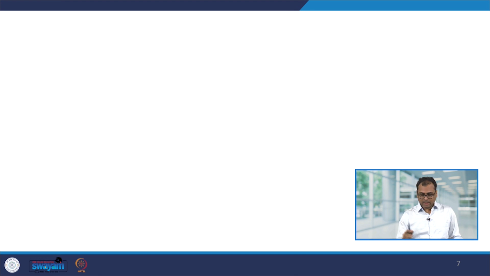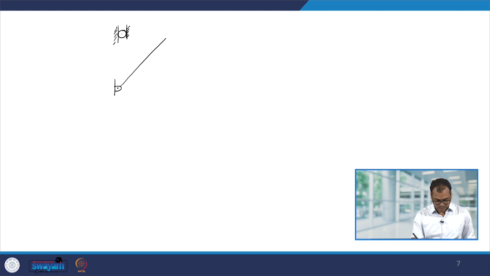Now, let us look at another example. This is the example of a folding linkage. The concept is the following: you have a roller and you have a hinge pin, and with this a folding linkage is connected.